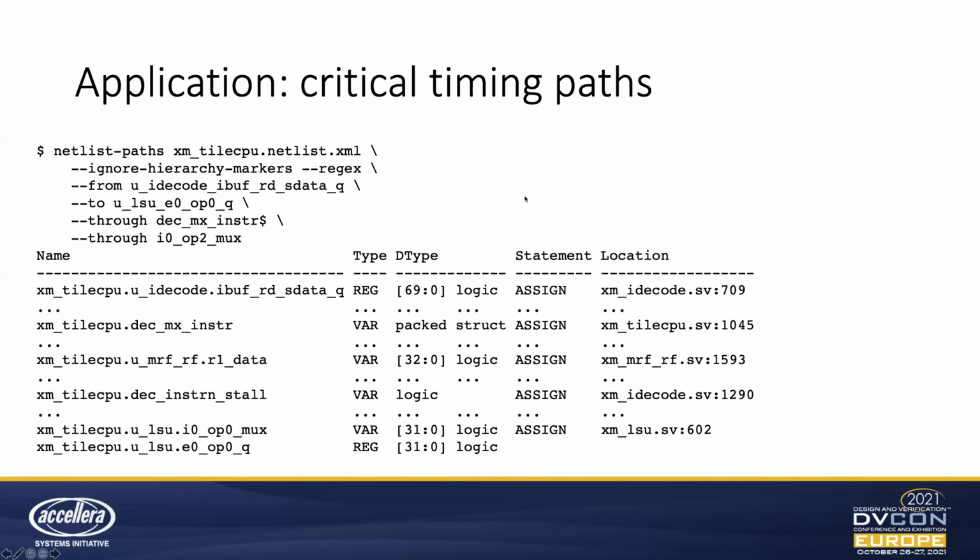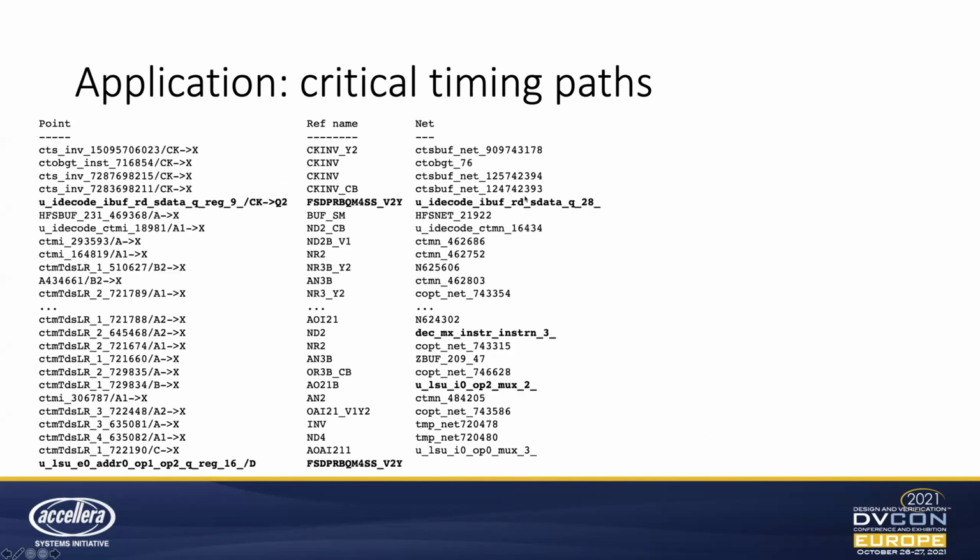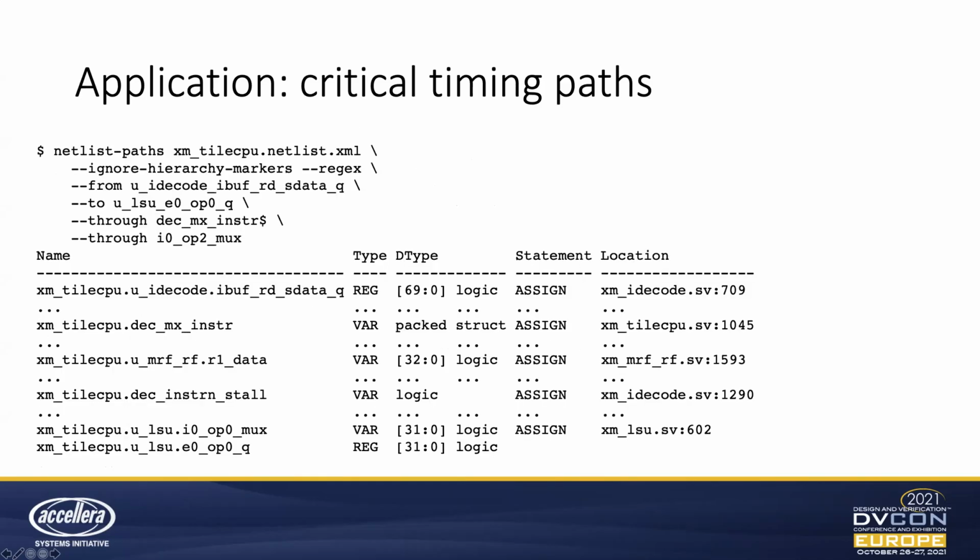Because of the way that the backend tools flatten names by removing hierarchy, inserting underscores and adding register bits, there's an option here to ignore those hierarchy markers. If we match by regex, we can match portions of that name.